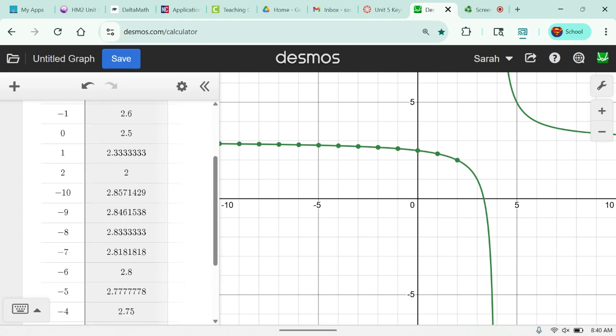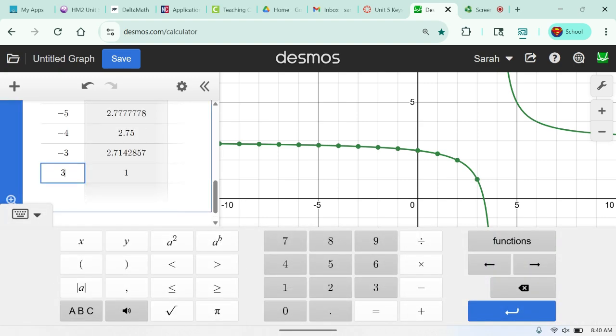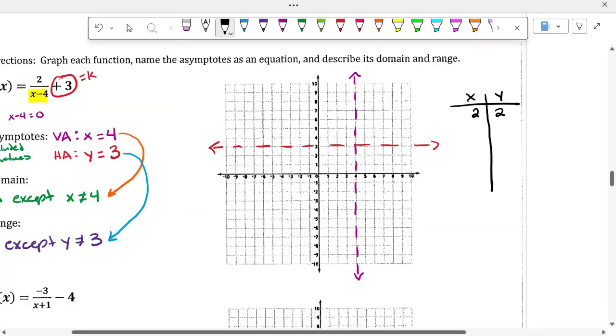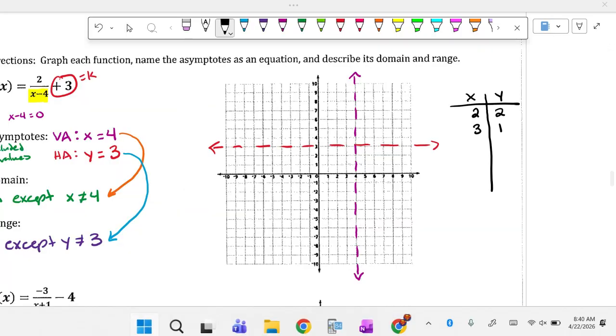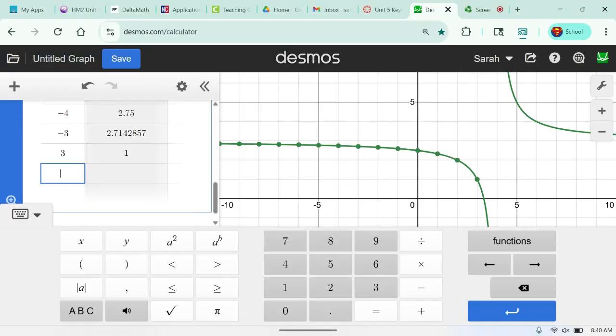All right, let's keep going. So 3, oh, got another pretty one. Nice whole number. 3, 1. Keep going. 4. Well, 4 is undefined. Why? What's our domain?